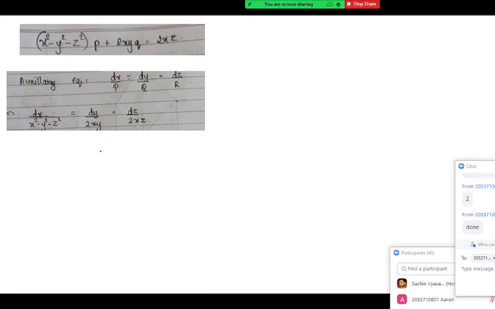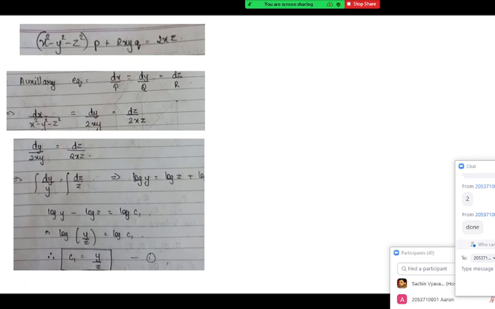So one of the solutions is very simple, but the second may be a little tricky, and that is important, how you will find it. The first solution is very easy: y by z equal to c1, by direct integration of the last two ratios. Now, what about the other? Is direct integration possible now for the second?